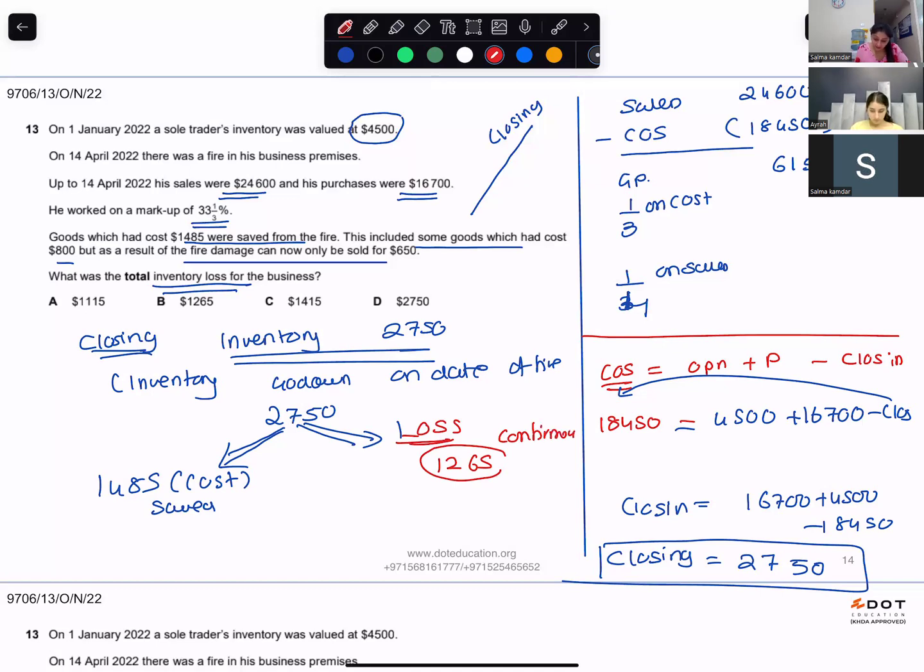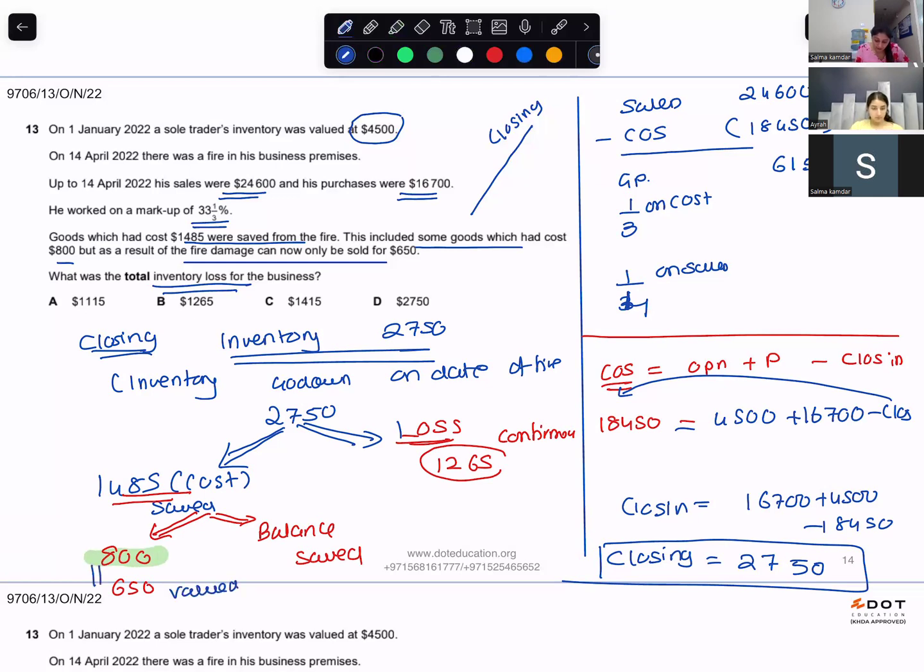Now from this 1485, there was some goods which had cost 800, but as a result of damage, they can now be sold for 650. So whatever was balance is saved. And over here, something which had cost 800 now has to be valued at 650.